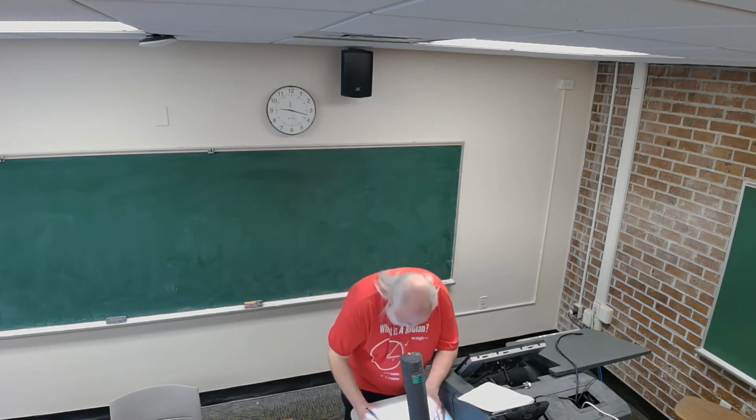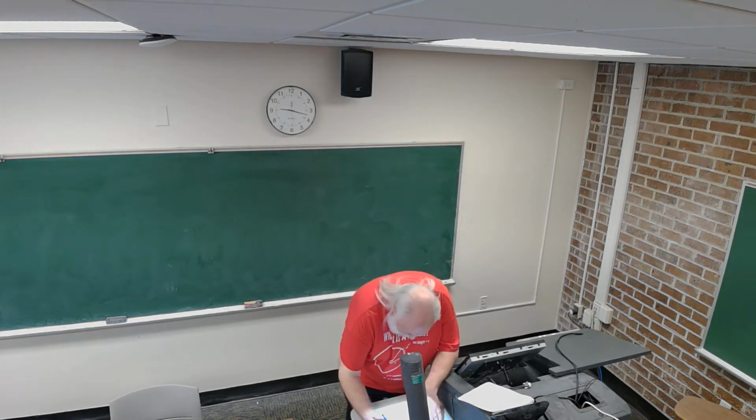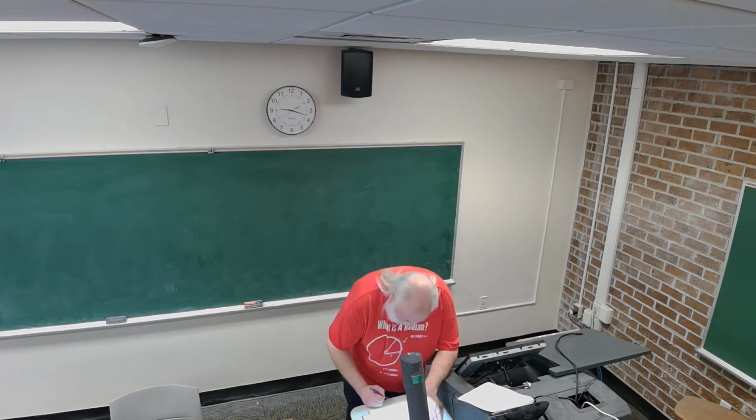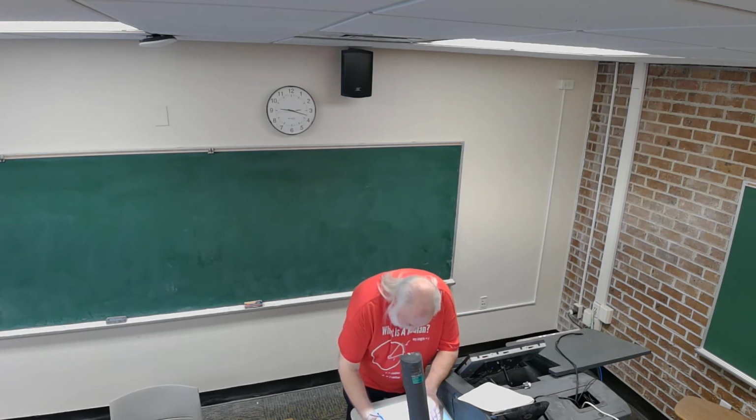Oh, I forgot to draw the vertical asymptote. So here's the vertical asymptote, x equals minus 1, the vertical line. And we can reasonably deduce that the graph is going to go up to the right of the vertical asymptote.